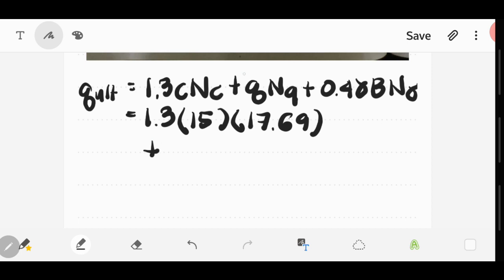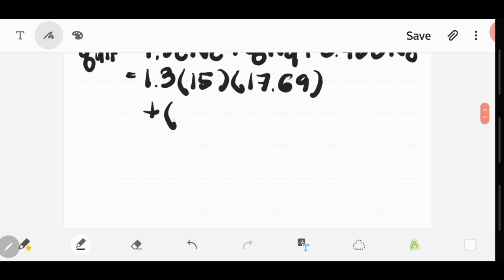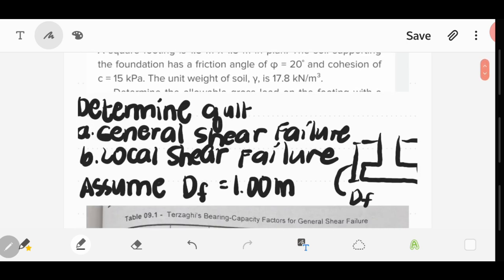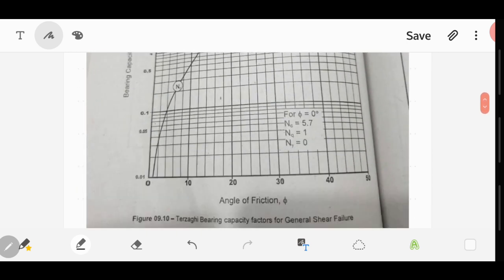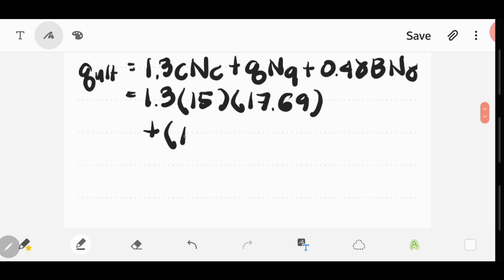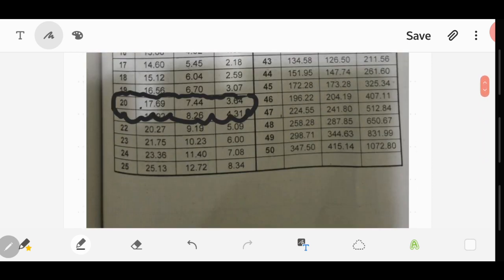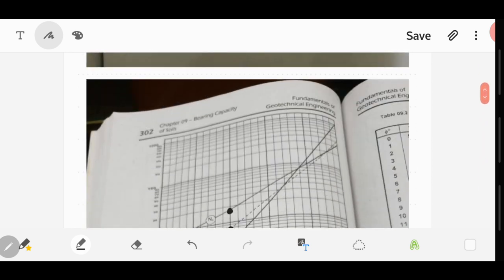Your q is equal to your gamma Df. So your gamma is equal to 17.8 multiplied by 1 multiplied by 7.44.